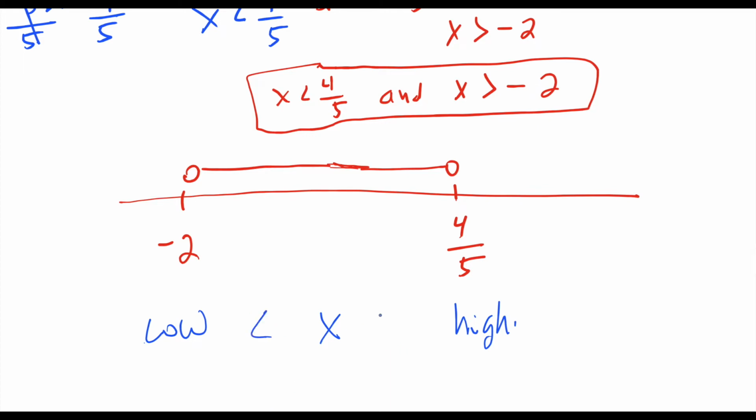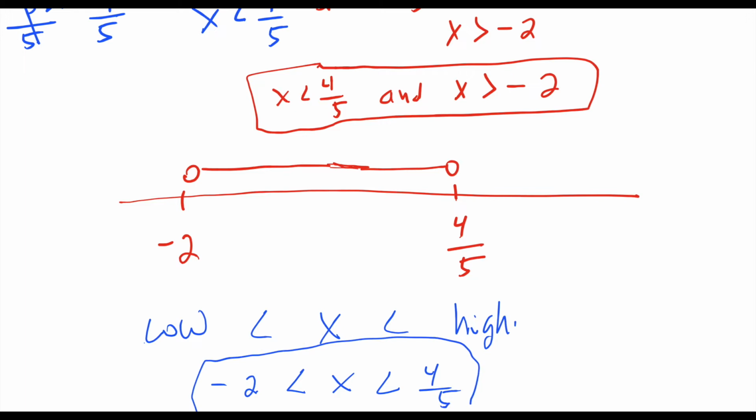So to write this as a compound inequality, it's negative 2 is less than x, which is less than 4/5. So that is the same as this up here. It means and.